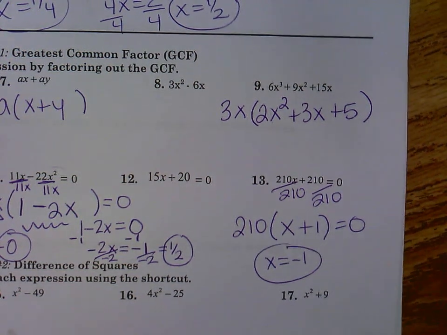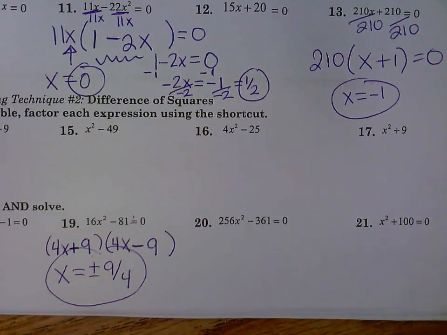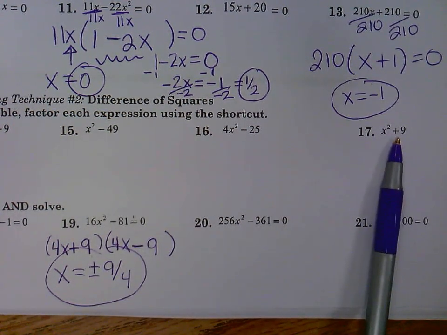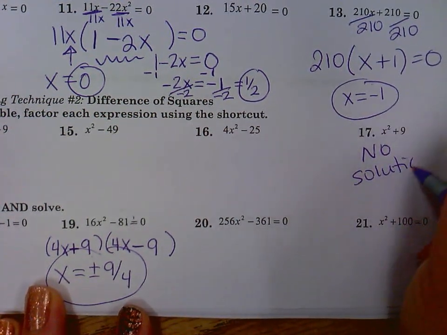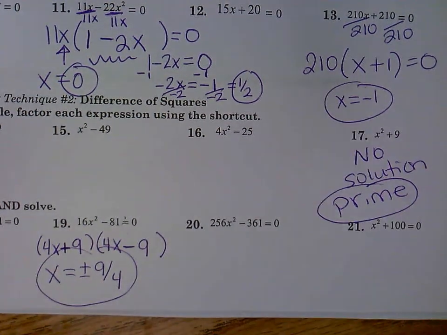All right, skip down to 15 and 17. One of them I can do, and one of them I cannot do. Which one can I not do? Why can I not do 17? Plus sign, right? So this one actually has no solution, or you could say that it's prime, I should say. Prime, because if I tried to factor it, maybe x plus 3, that makes sense in my head.